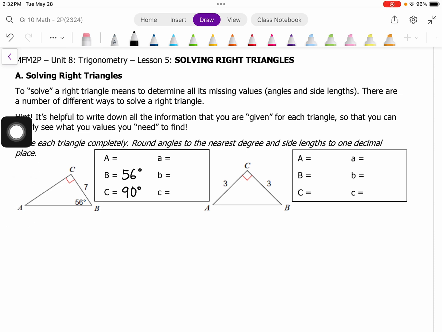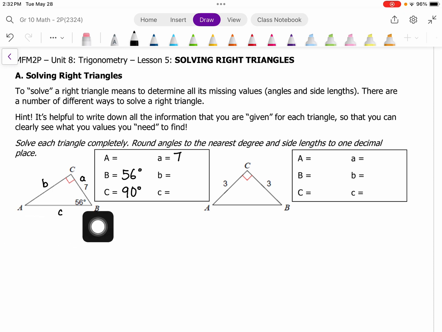Remember, in triangles an angle and the side length across from it have a relationship, and so they have the same letter name, capital letter for the angle and lowercase for the side. So across from angle B is side length b, and across from angle C is side length c. So side length a is the one I know, that is 7.